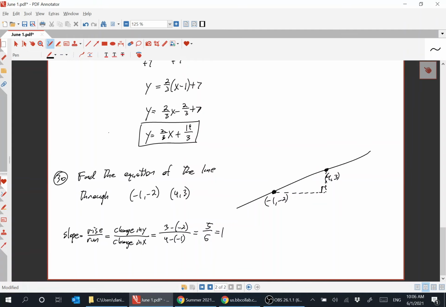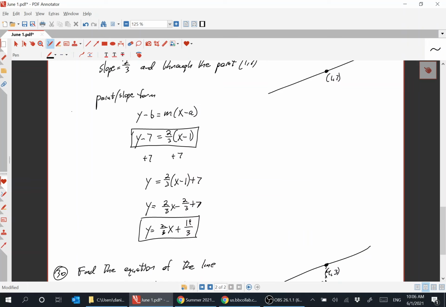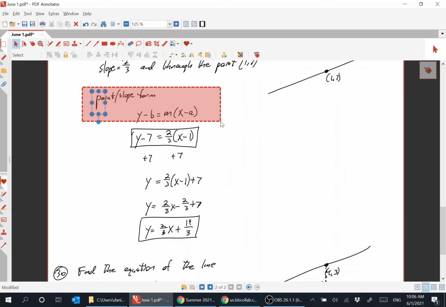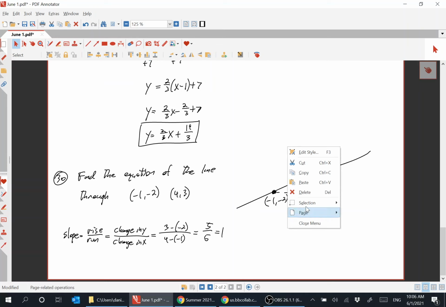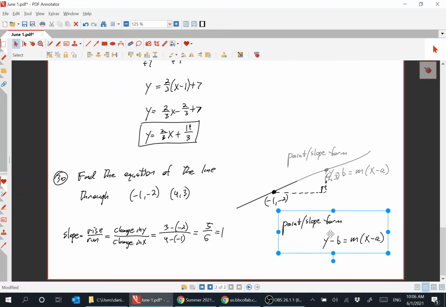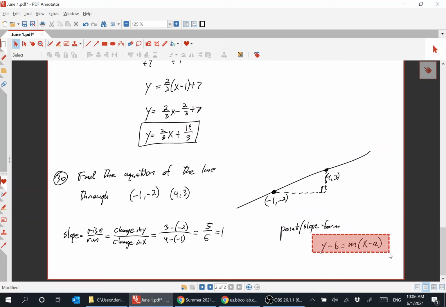All right, so we have slope 1, and we have two points on the line, including (4, 3). So the point-slope form for the line is that.